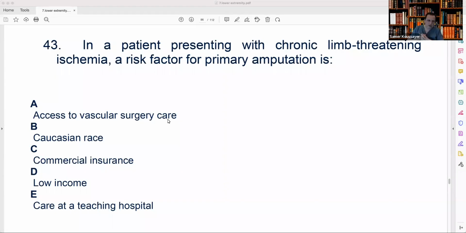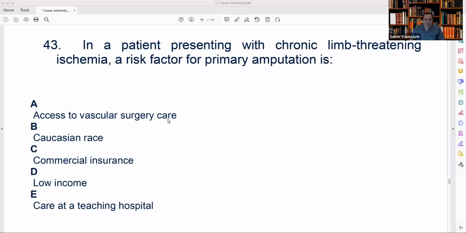So this is also wrong. Commercial insurance: for some reason, if you have good insurance, people will be more willing to spend time and do a bypass to salvage the leg than a patient who has no insurance, self-paid. So if you have commercial insurance, there is a very high chance you may end up salvaging the leg.